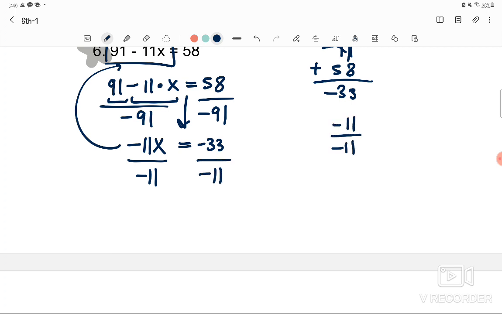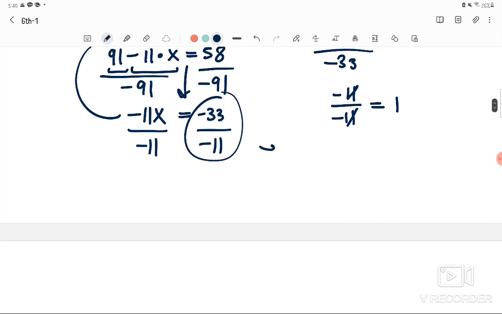Negative 11 over negative 11 is just 1 because they cancel out. Same concept applies here too. So negative 33 over negative 11: two negative signs change to a positive sign, and 33 over 11 is 3. So they cancel out to x equals just 3.